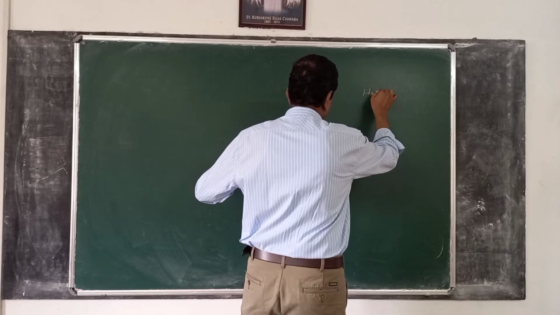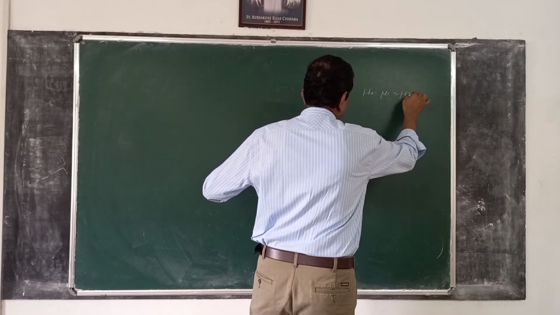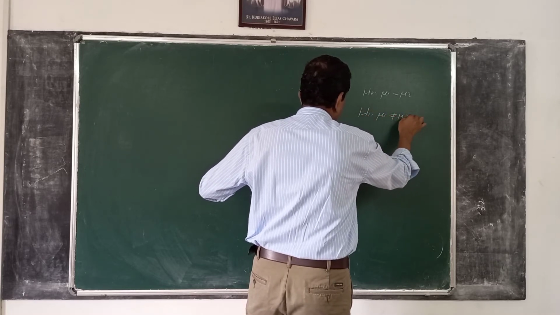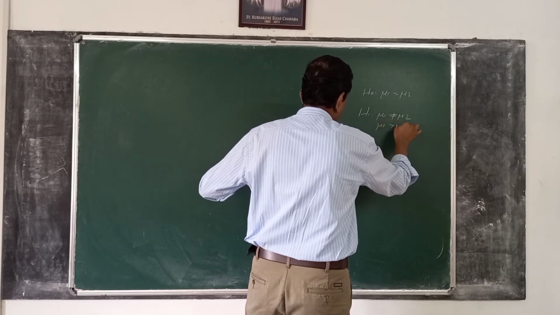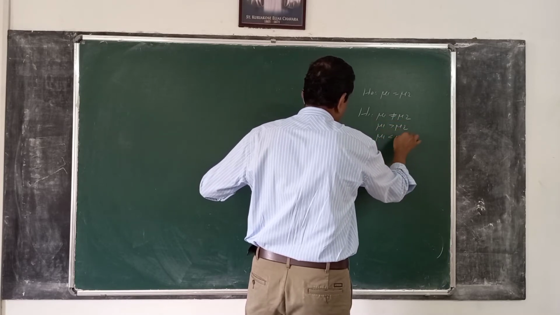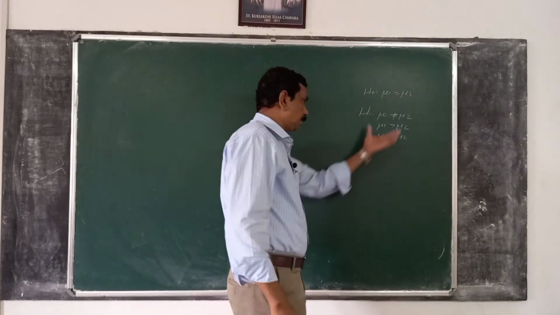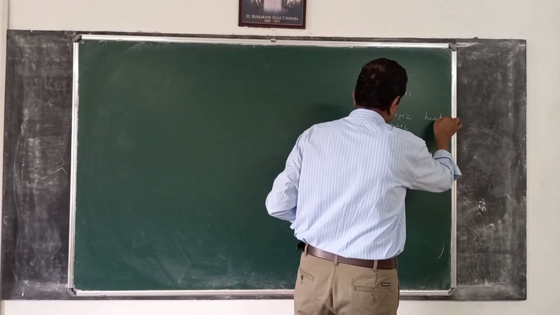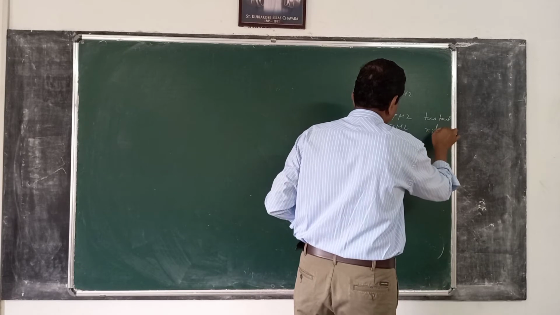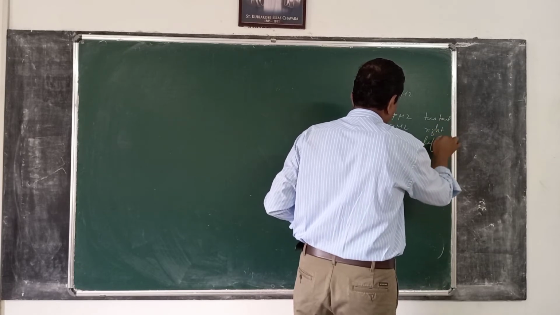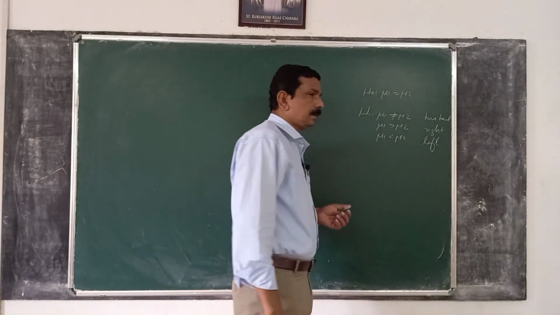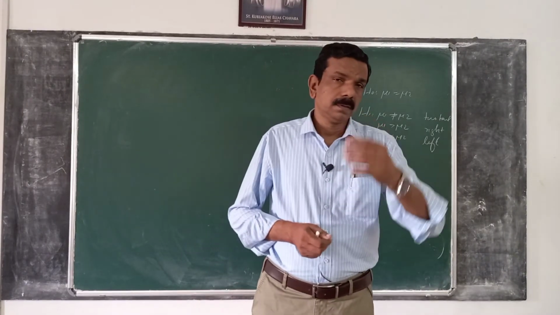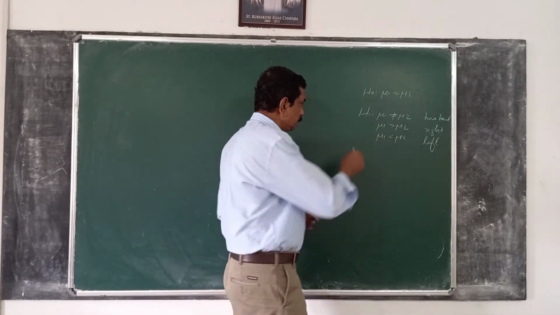First is formulation of hypothesis. H0: mu 1 is equal to mu 2. H1: mu 1 not equal to mu 2, mu 1 greater than mu 2, or mu 1 less than mu 2, depending on the problem at hand. We have a two-tailed test, a right-tailed test and a left-tailed test. Depending on the alternative hypothesis, we can have three types of H1. That is the first step.